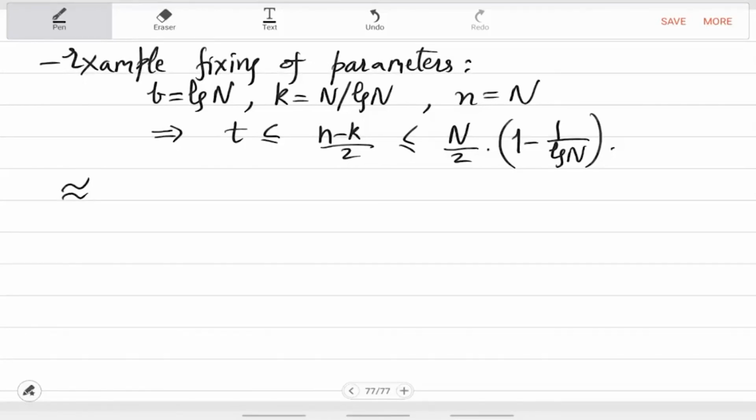So this is close to 50% correction in the F2 raised to b alphabet.